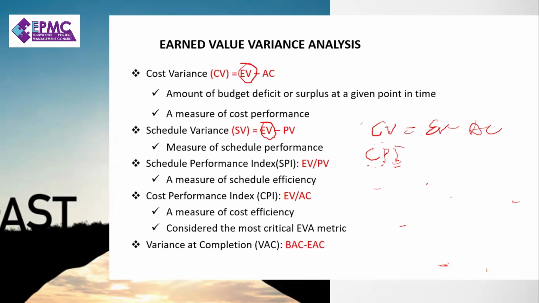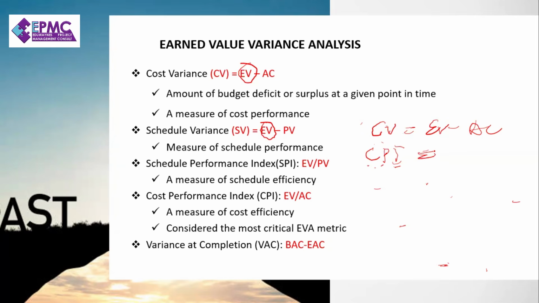So how efficient are you with regards to your cost? How efficient are you with regards to your schedule? If you are talking about how efficient you are with regard to your cost, then you're looking at CPI. It's an indicator. Don't forget, we learned some indicators. We learned the leading indicator and lagging indicator. Okay, so you tell me where this one will sit. Is it a leading indicator or a lagging indicator?